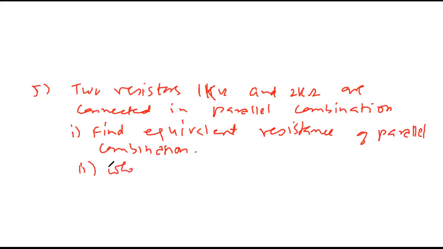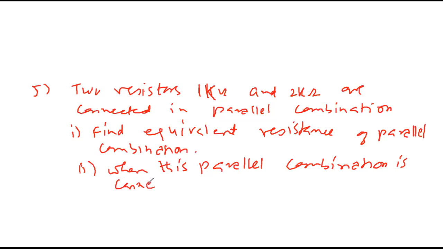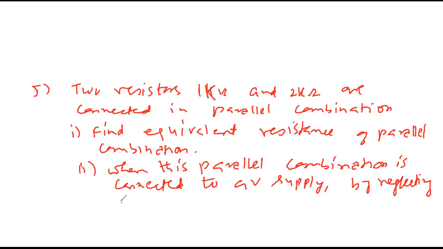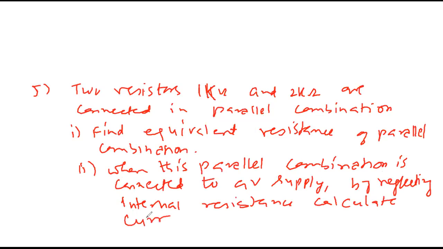Second one, when this parallel combination is connected to a 9-volt supply, by neglecting internal resistance, calculate the current through each resistor.